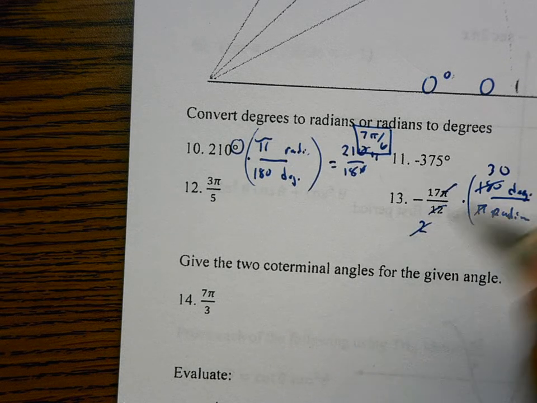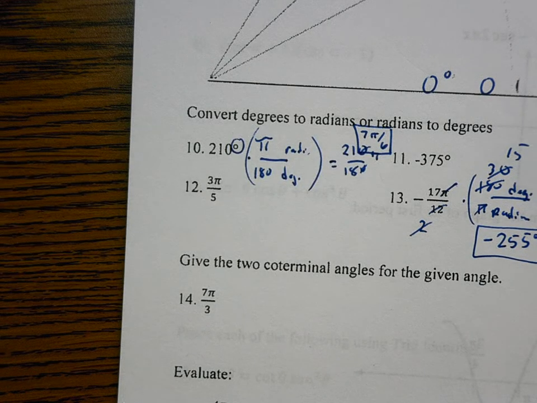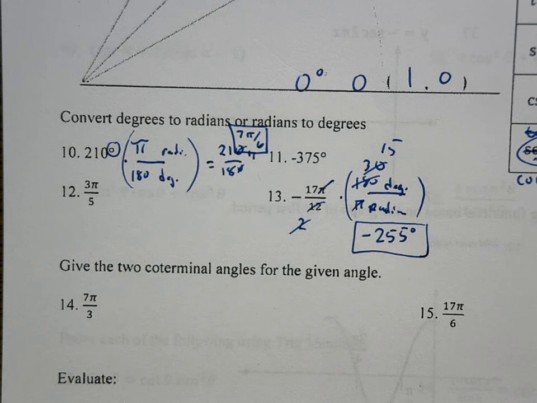Divide by 2. So if I know that negative 17 times 15 is negative 255 degrees, that's how I switch from radians to degrees. You just multiply by a conversion factor.